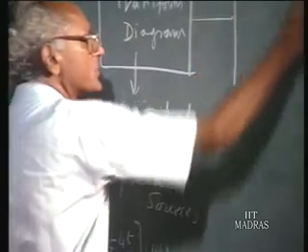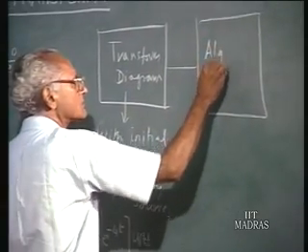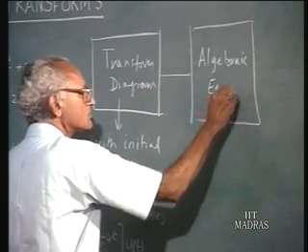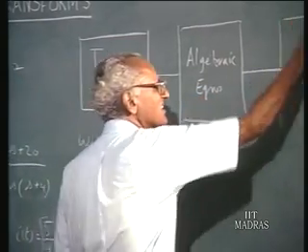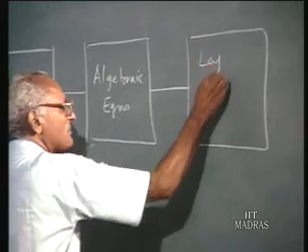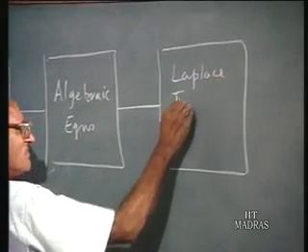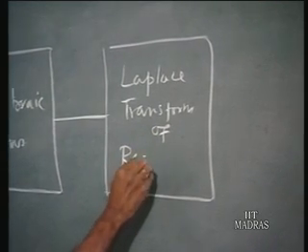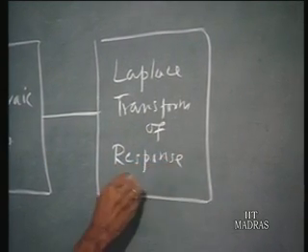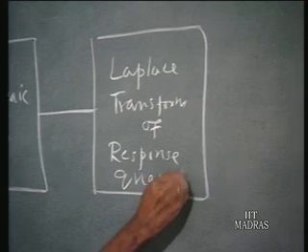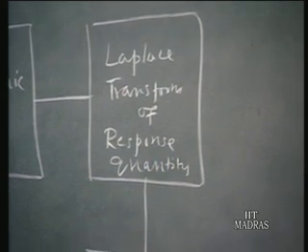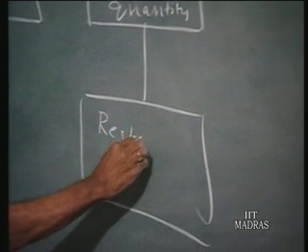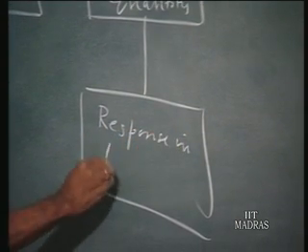From the transform diagram you set up algebraic equations, then get the Laplace transform of the response quantity whichever you are after, and then find the inverse Laplace transform, the response in time domain.